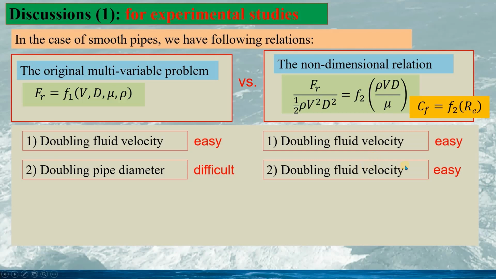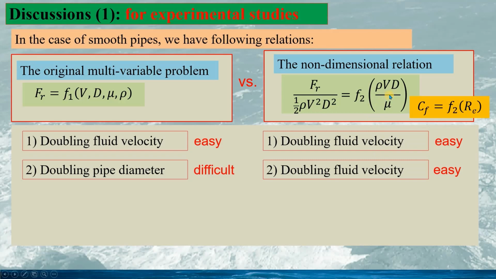However, the problem can be easily solved after using the dimensional analysis. For instance, for Reynolds number, doubling the pipe diameter means we need to double the Reynolds number. However, this can be done by doubling the fluid velocity. Thus, we don't need to change the pipe diameter.